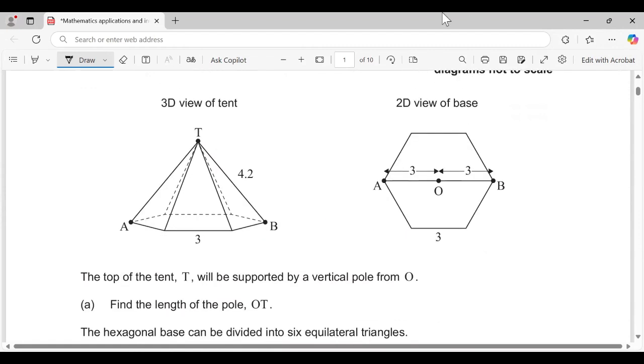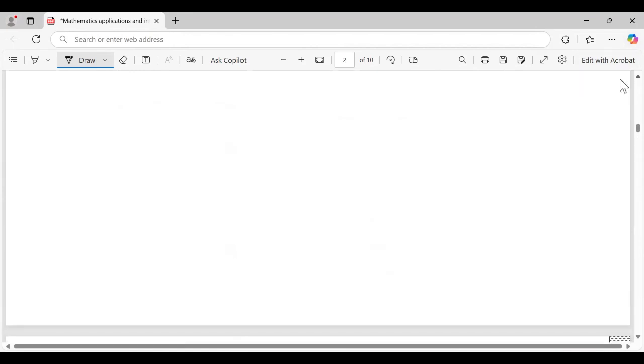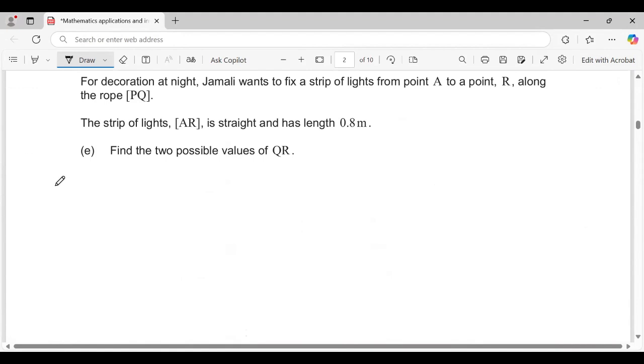So if O is located here, we're going to calculate OT. So I would like to create a right angle triangle, this one, AOT.